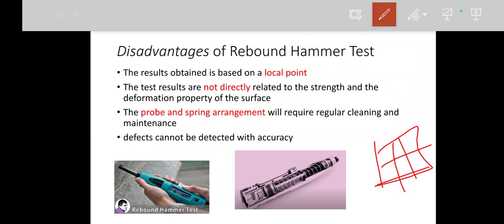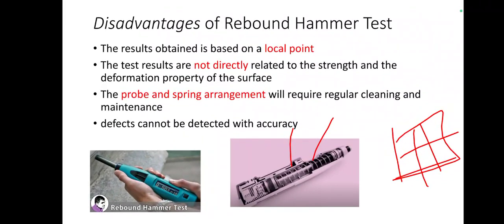Next, it involves springs. If you use the equipment continuously for more than 1 or 2 years, the stiffness of the spring will be reduced, so in that case also we won't get an accurate value. And last, if any defects are there inside the concrete, we can't detect them accurately. So these are all the disadvantages.